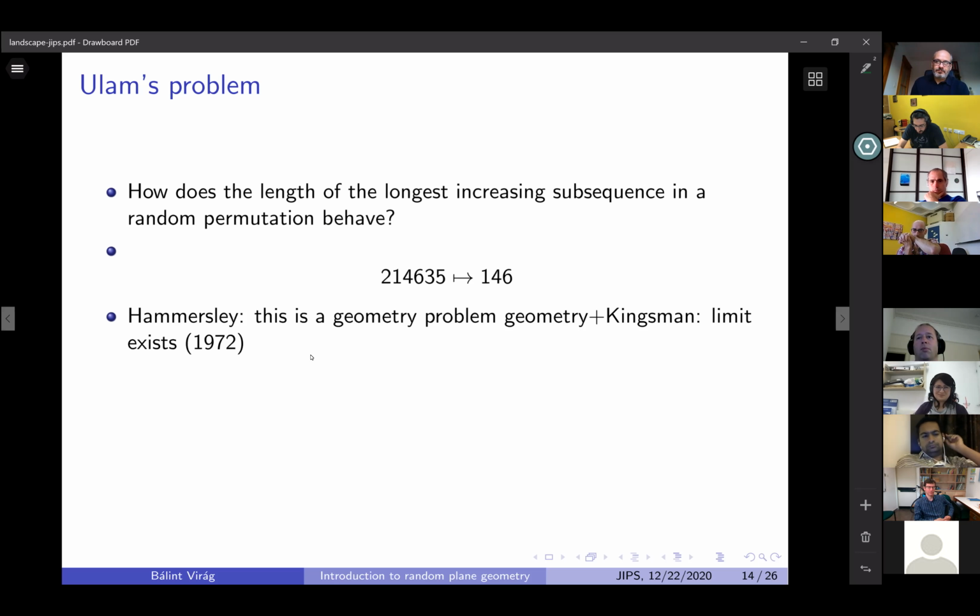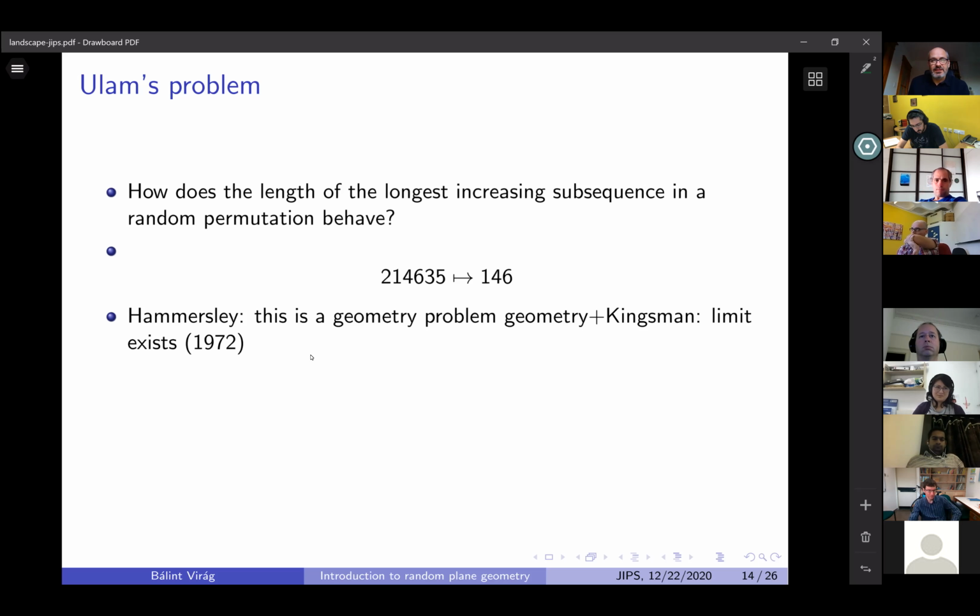Hammersley realized that the best way to think about this is geometrically. This is really a random geometry problem, and then Kingman's subadditive ergodic theorem implies that the limit exists. I'll tell you what limit in a second.